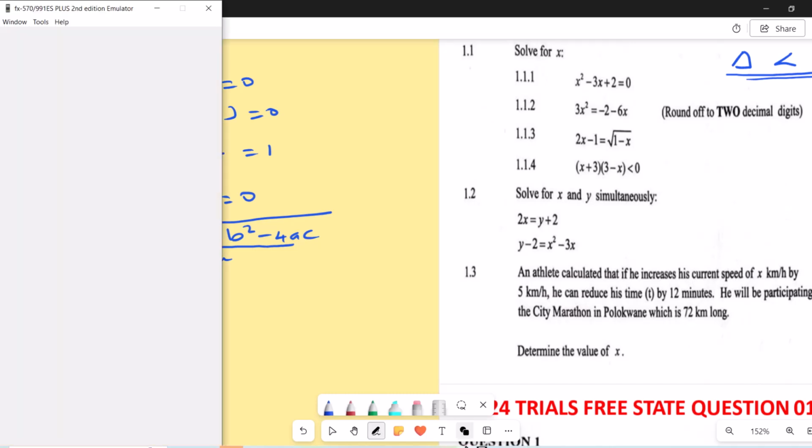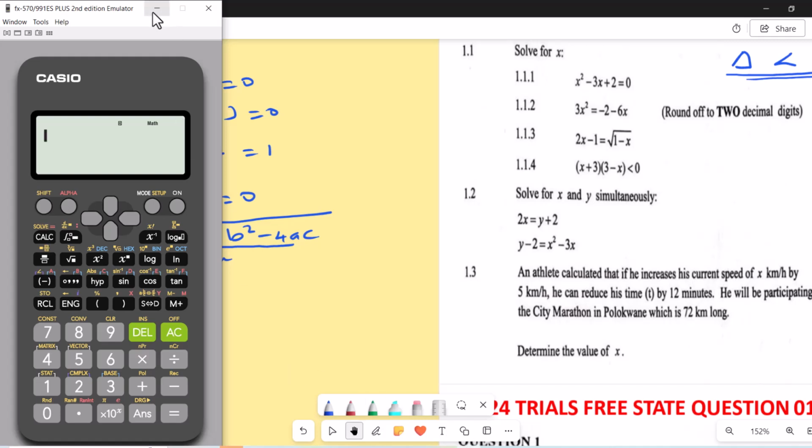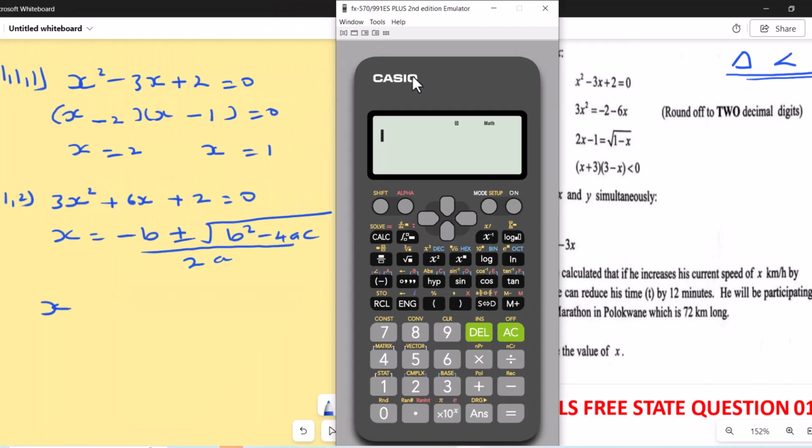So what do we have here? Fraction. Now our b is 6, so we say negative 6, and then plus the square root of b squared, it's going to be 6 squared, then minus 4 times a, which is 3, times c, which is 2, then divided by 2a, our a is 3, so 2 times 3.